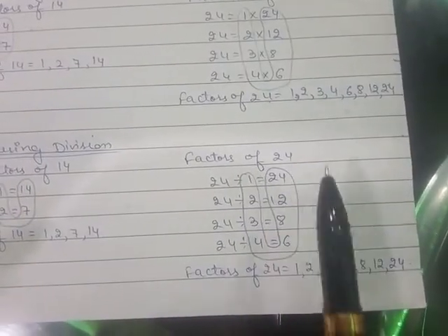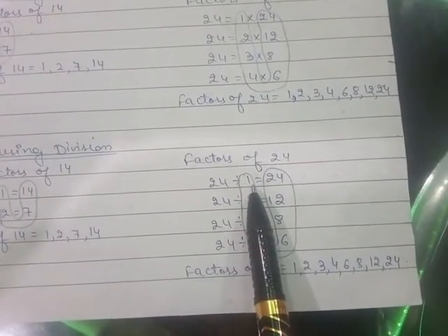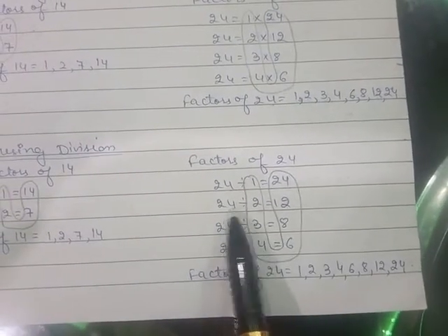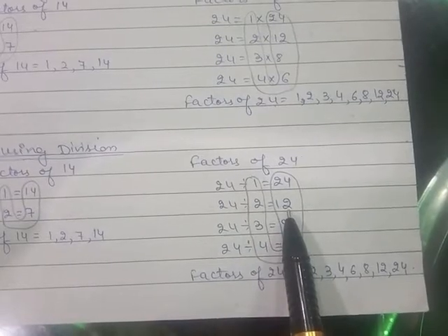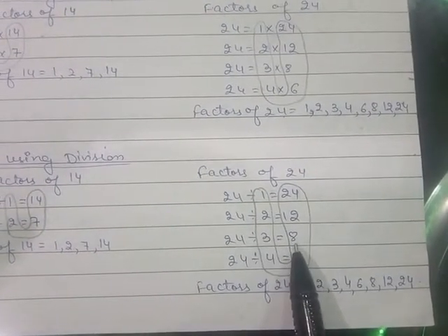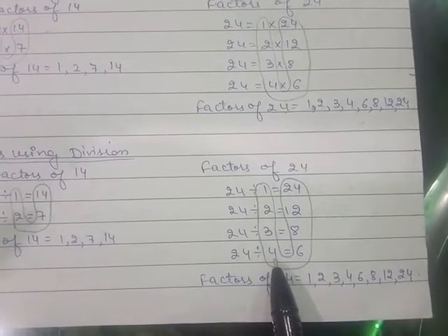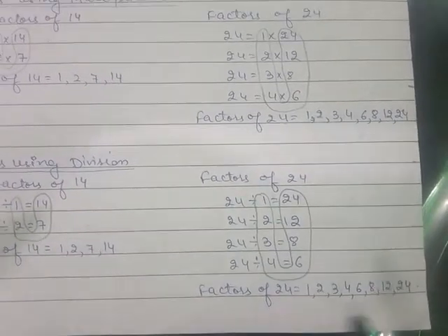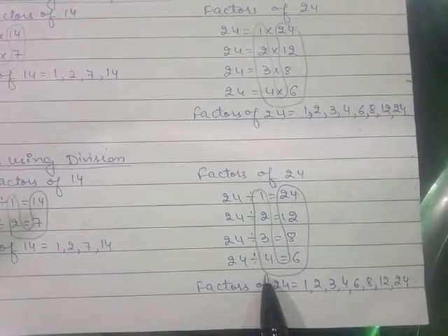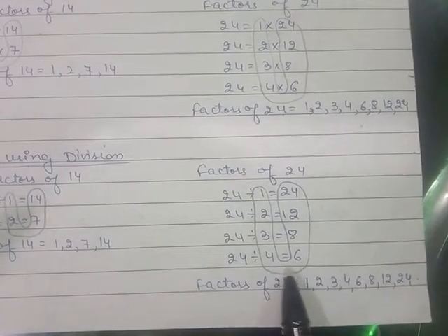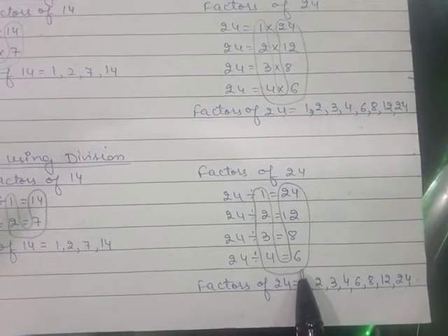Now come to another example, factors of 24. 24 divided by 1 is equal to 24 only. 24 divided by 2 is equal to 12. 24 divided by 3 is equal to 8. 24 divided by 4 is equal to 6. If we take 24 divided by 5, it will not be exactly divisible, because when we divide it by 5, we get a remainder.